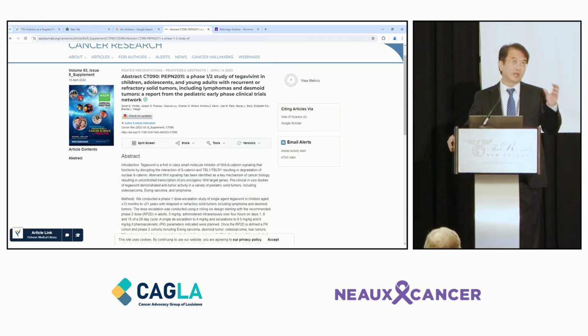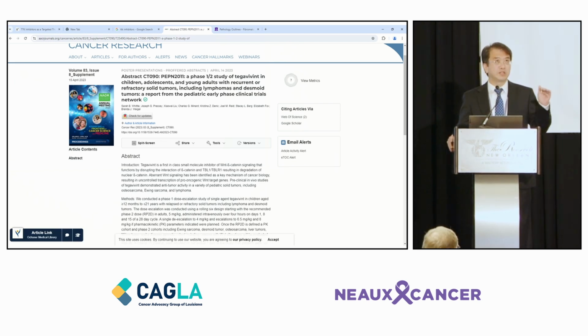Basically you can understand it targets the Wnt beta-catenin pathway, right? Even though the patient group in this clinical trial was lymphoma and some sarcoma, they found at least it's a safe drug that targets the Wnt beta-catenin pathway and has some clinical response.